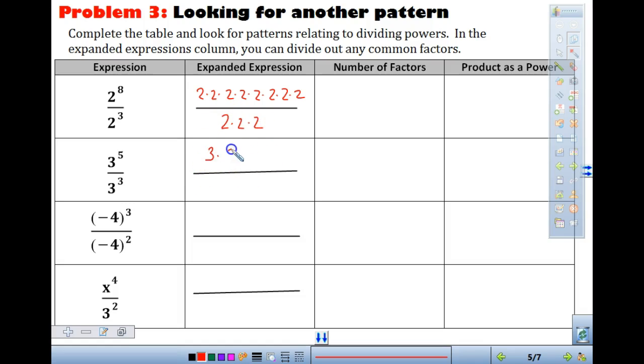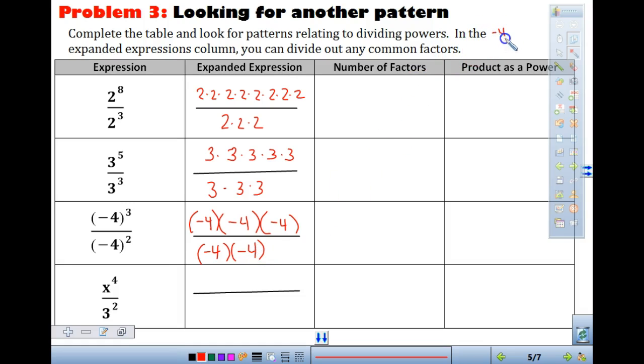I'm showing my 5 3's over 3 of them. I want to keep this as a -4 times -4. I want to keep the parentheses here. And someone said to me, what does it matter if we have parentheses or not? And here's the big difference.